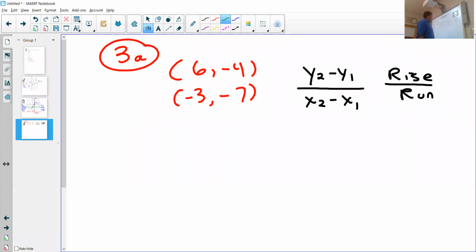So let me label my points. The first coordinate here, this is x of the first group, and this is y of the first group, so it's x1 and y1. The second coordinate point is the x of the second group and the y of the second group, so it's x2, y2. Always make sure you label it to minimize mistakes.